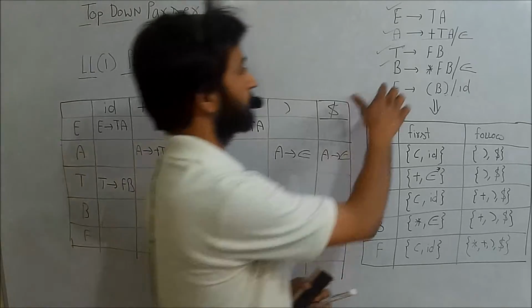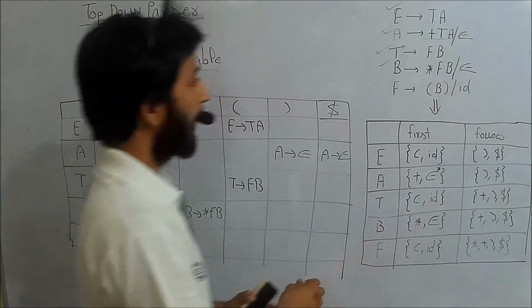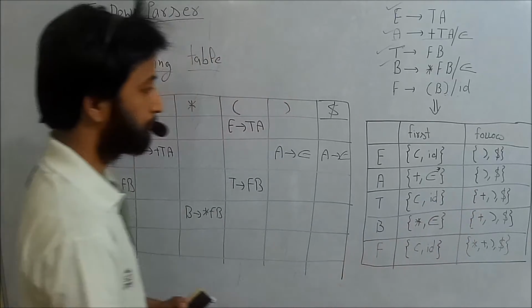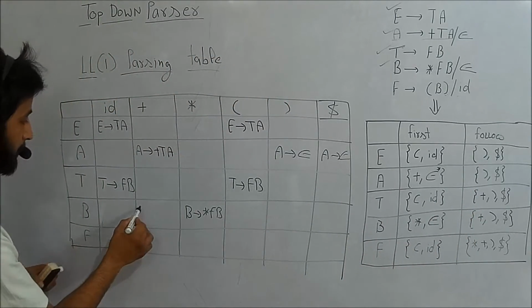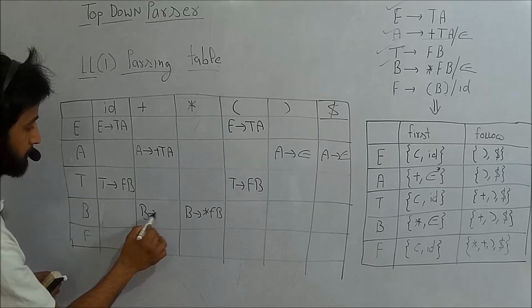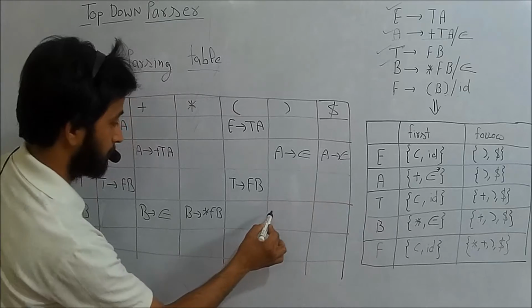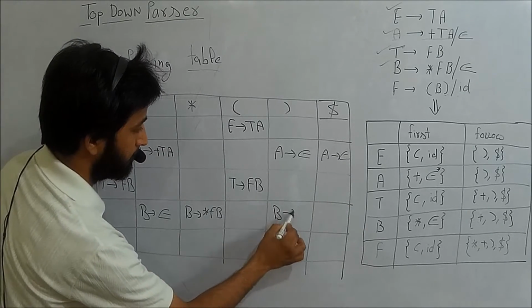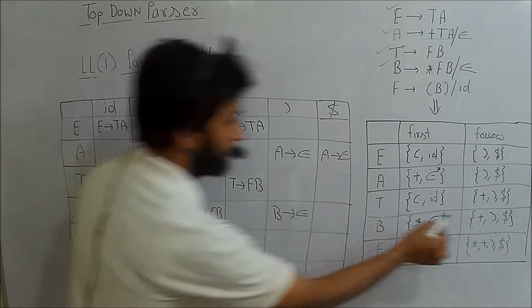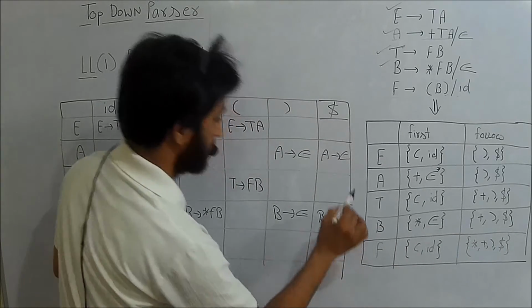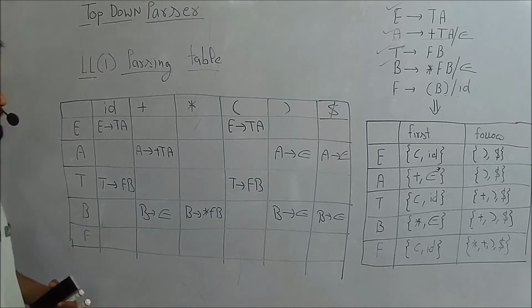And the next production is B derives epsilon, so I have to put that under the follow of B. So B derives epsilon goes under plus, then close brace, and next under dollar. Okay, this is the case.